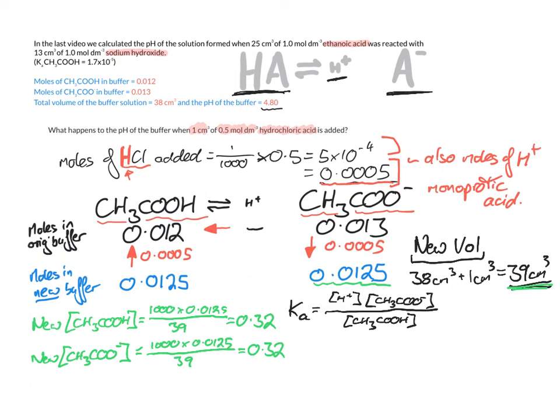Now, we need to rearrange. Let's just change pen again so we can see what we're doing. We're going to rearrange, get H plus, always rearrange before you substitute.